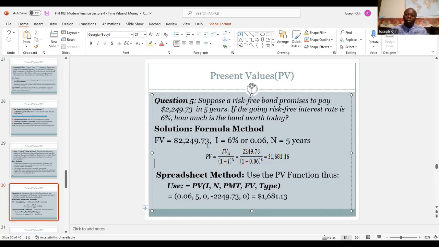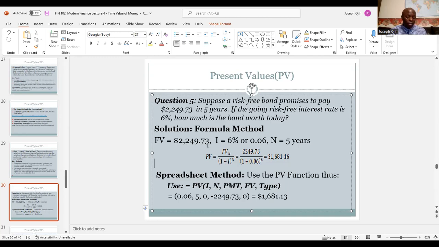So for the one who is paying the bond, this amount represents money leaving their pocket. So we're going to use it as a negative for them. So future value will be negative $2,249.73.